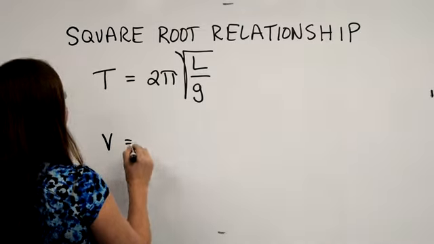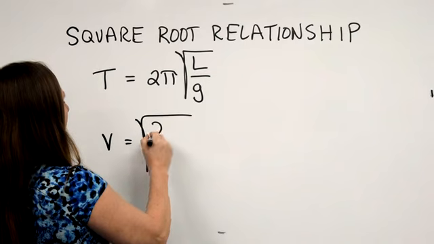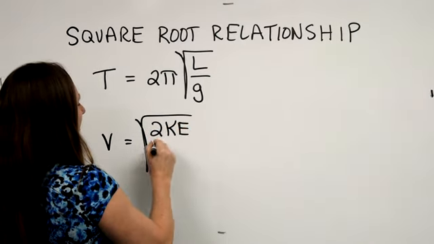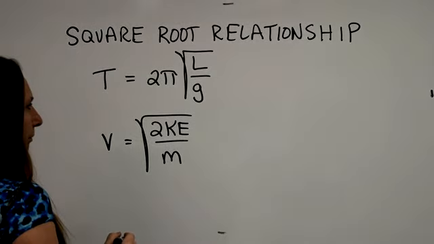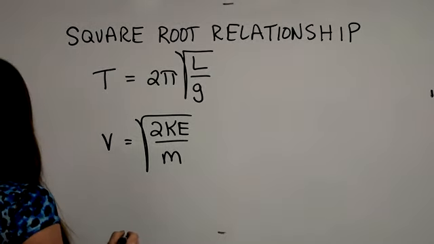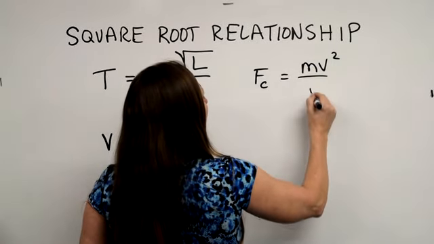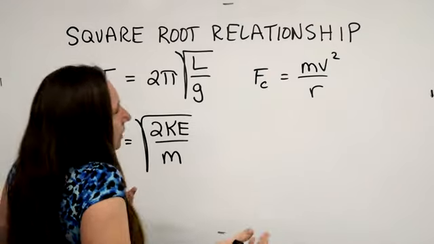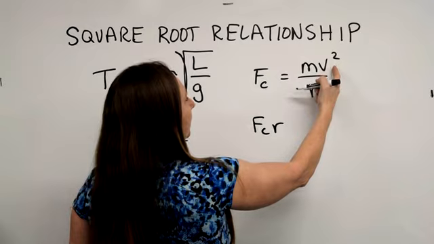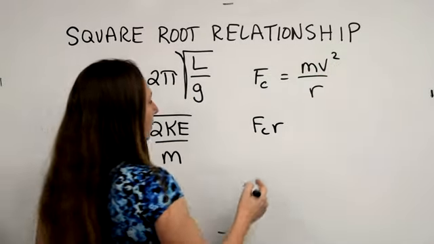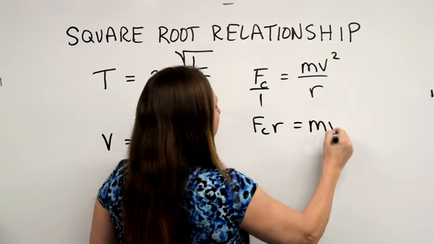You've got our friend here, the kinetic energy equation, but solved for velocity: v equals the square root of 2ke over m. And let's throw in centripetal force. Fc equals mv squared over r. We want to solve for v, so we have a square root. I'm going to cross multiply: Fc times r equals mv squared.